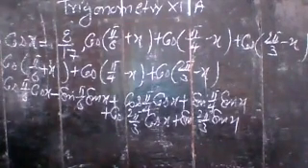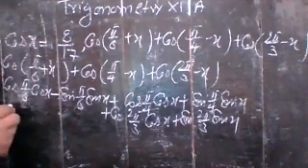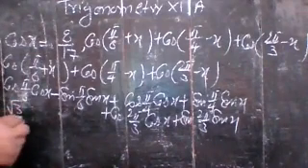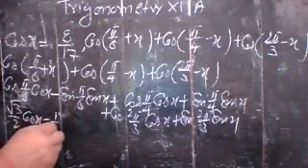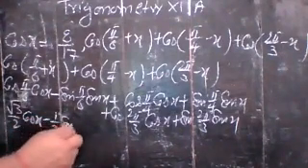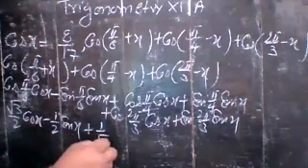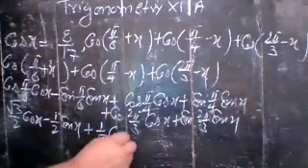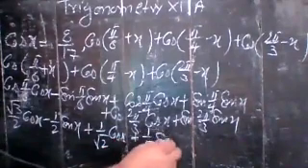Now you know the value of cos pi by 6, that means cos 30 degree is equal to root 3 by 2. So write it here, root 3 by 2 cos x. Sin pi by 6 is 1 by 2 sin x. Cos pi by 4 is 1 by root 2, so 1 by root 2 into cos x plus 1 by root 2 into sin x.